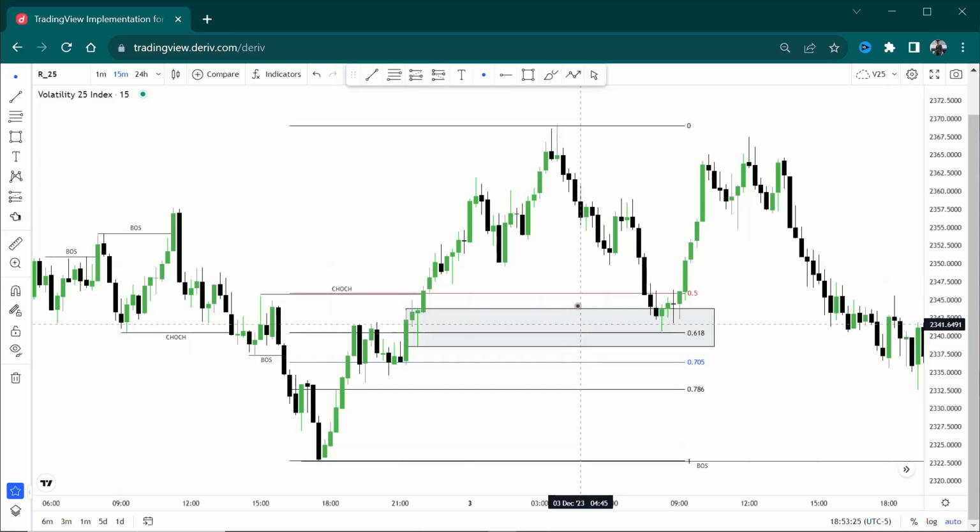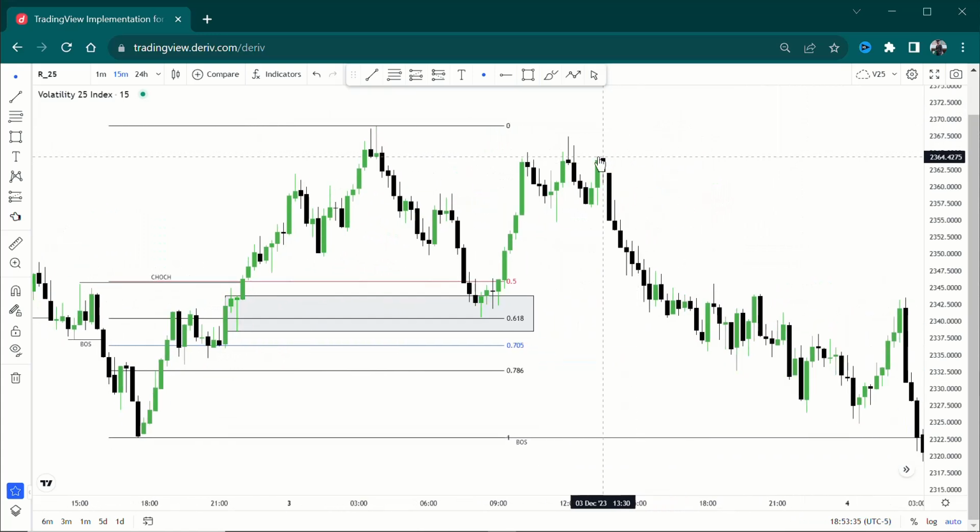You can see this was the first point of interest below the 0.5 mark, and it reacted to that. It didn't even go all the way. It just closed on this IFC candle here and then started riding to the downside.